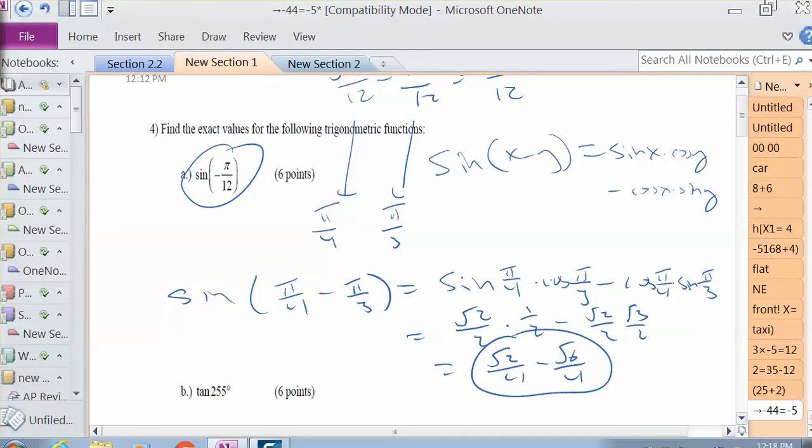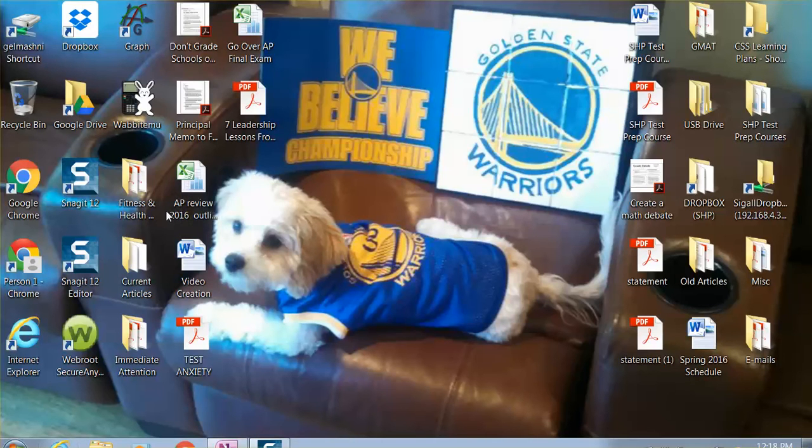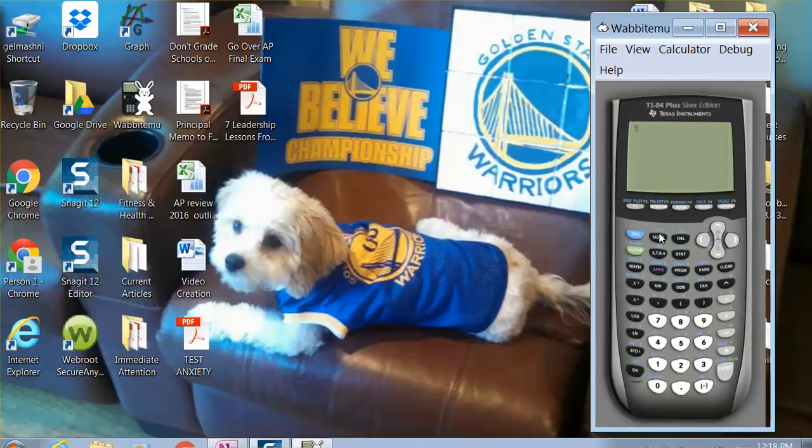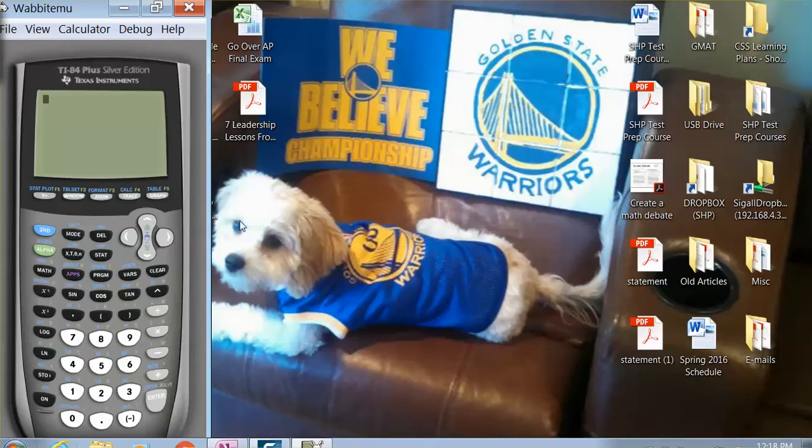By the way, you could also check this in your calculator. Make sure you're doing it right. So here's the calculator app. Clear, mode, radian, sine of negative pi divided by 12.